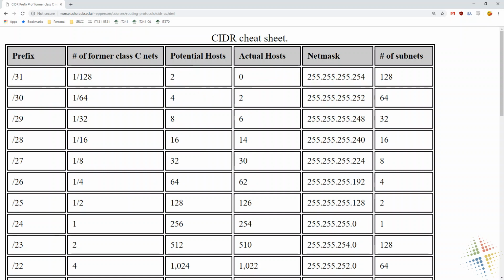So again, I would suggest you find one of these CIDR cheat sheets. I would specifically memorize the prefix, the actual hosts, and the net masks. You can remember the potential hosts and then just simply subtract 2 in order to get the actual hosts, in which case you only have to remember 3 sets of things.